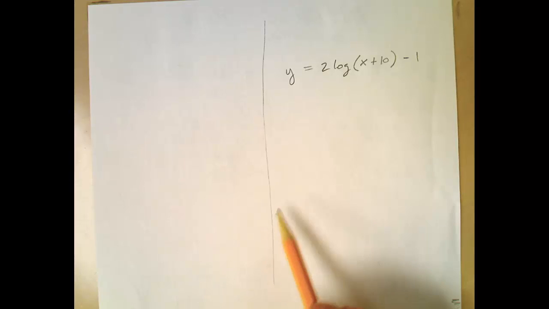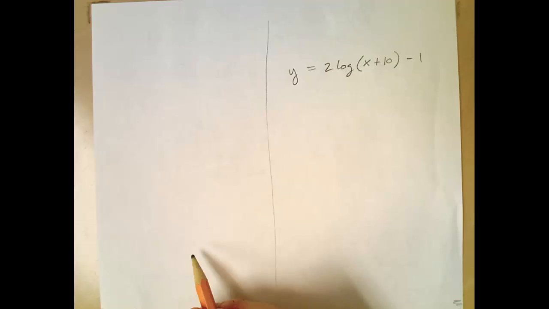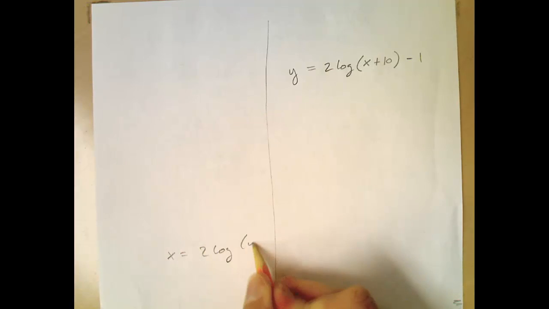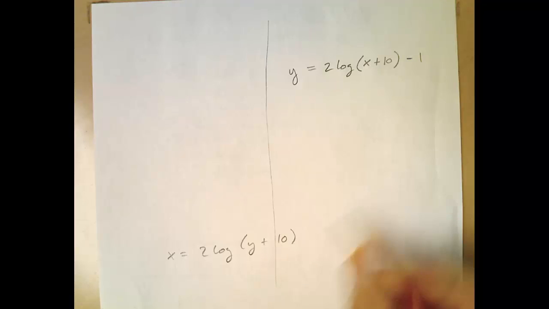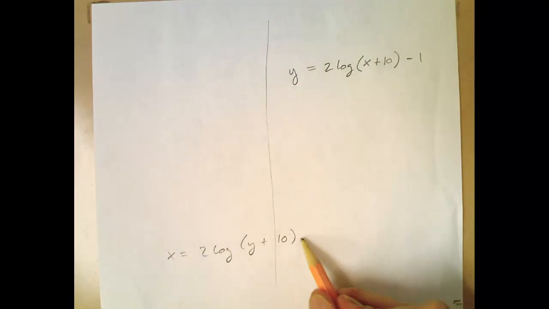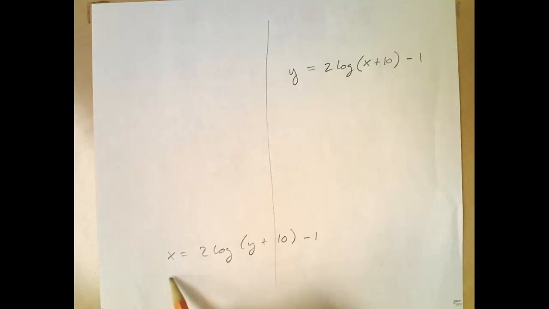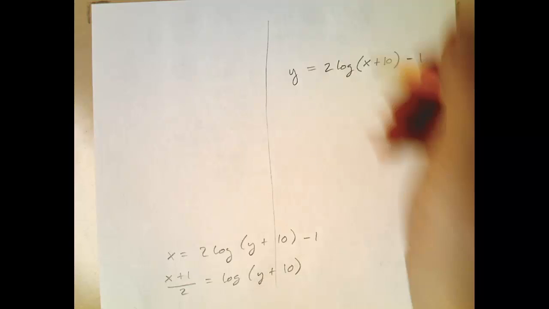Okay, so we'll start by getting the inverse. So I'll do that down here. I'll say I've got x equals 2 log y plus 10, because in the end we're going to get the same information here. That's the goal, of course. So I'll add 1 to both sides. I'll divide by 2 on both sides. I don't mind you doing those steps all at once, because you're experts at those kinds of steps by now. And then, oh, we didn't use a base.